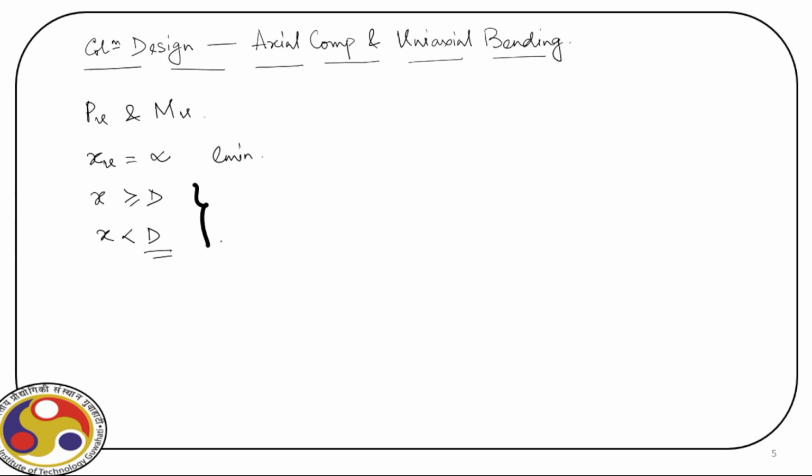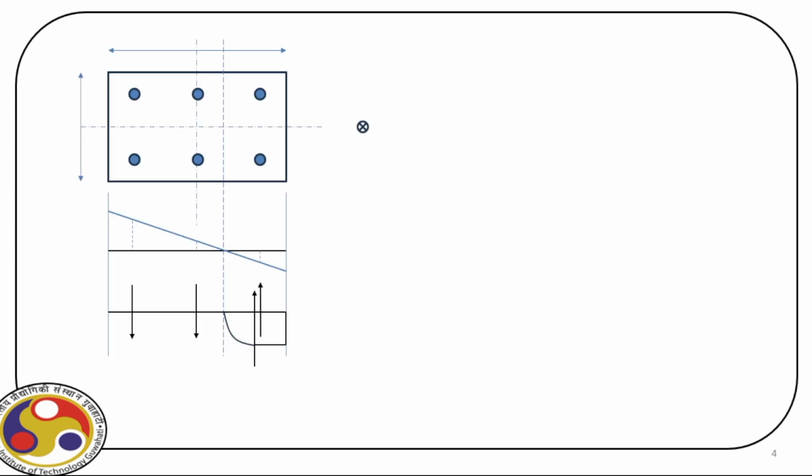Now, the first problem today we are going to solve is here. So, example 1. We have a 300 by 500 column, and this column is having 6 25 bars, and the force is applied here, which is Pu, and the distance from the center of the column to this force is the eccentricity, right?